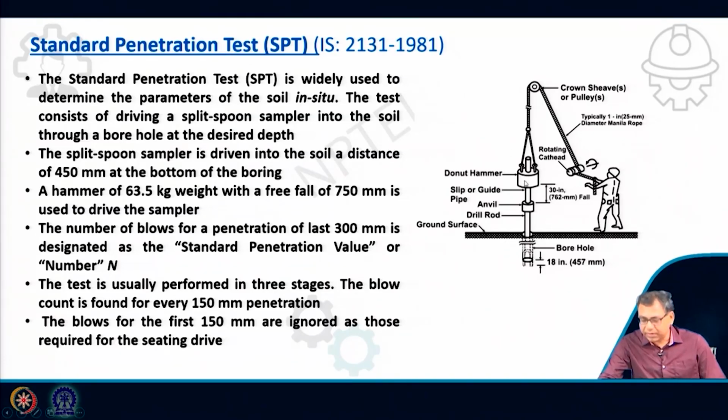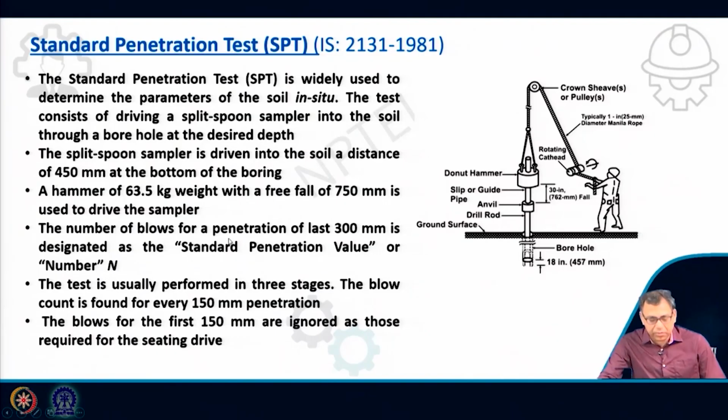So this is the hammer whose weight is 63.5 kg, which is the standard weight, and the height of free fall is 750 millimeter. This is the chain pulley system; in addition, there are other methods by which we can also apply the hammer blow.